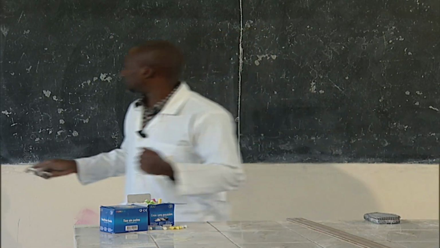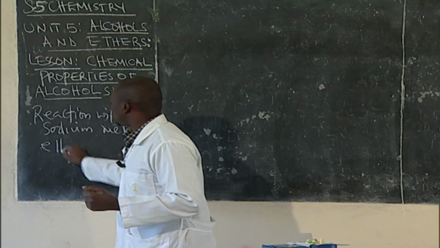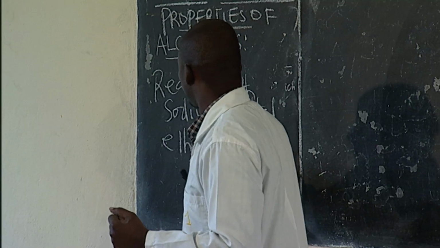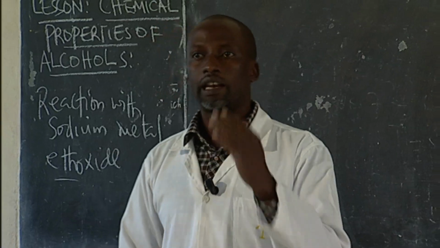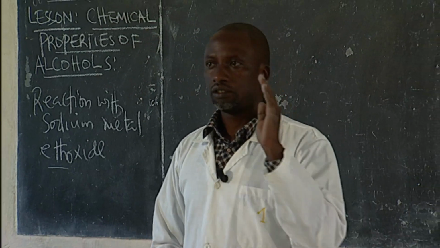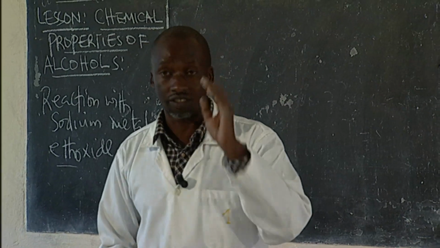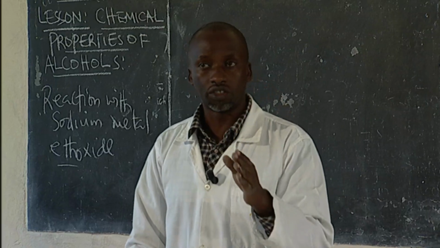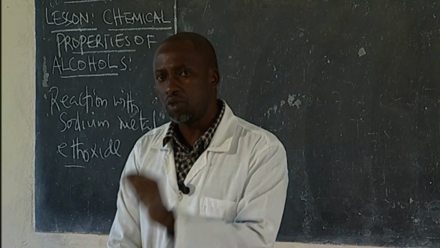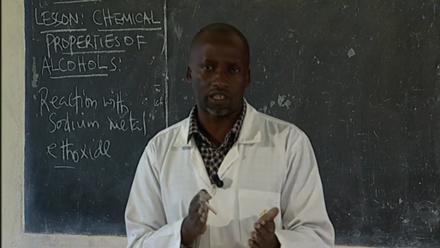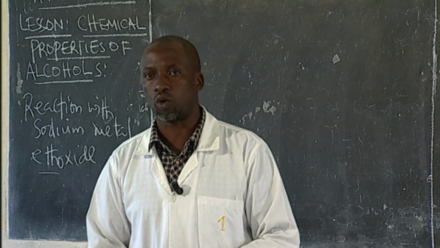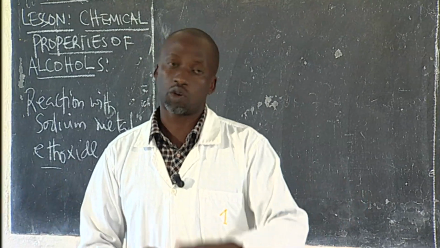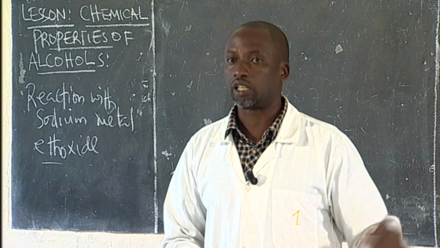So this produces sodium ethoxide in that case, and hydrogen gas. You remember I said this reaction is very important because it can be used to distinguish or test for the presence of alcohols in the laboratory because of the effervescence that we looked at.